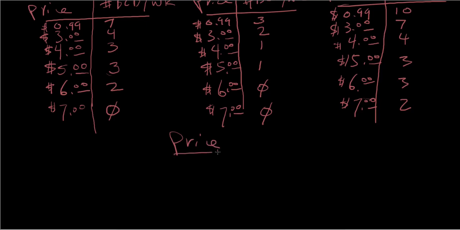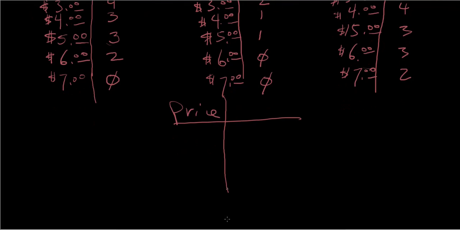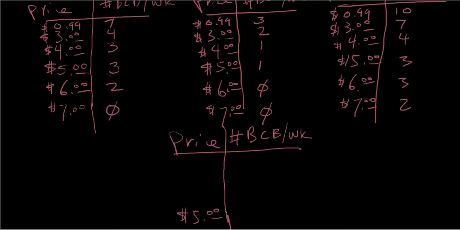So price and then the corresponding number of bacon cheeseburgers per week. I started at $5. At $5, John is willing to purchase 3, Julie is willing to purchase 1 unit, and Tom is willing to purchase 3 units.